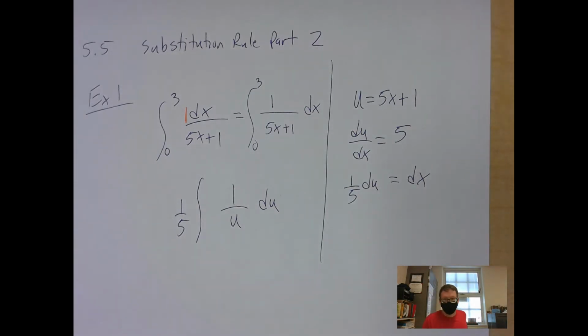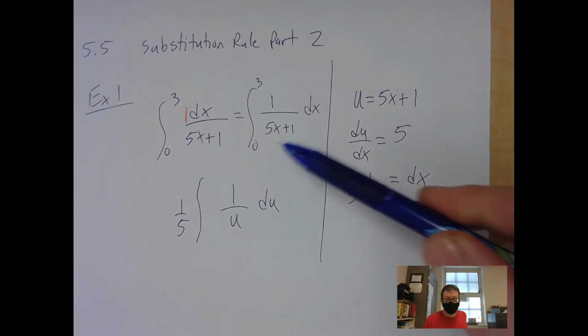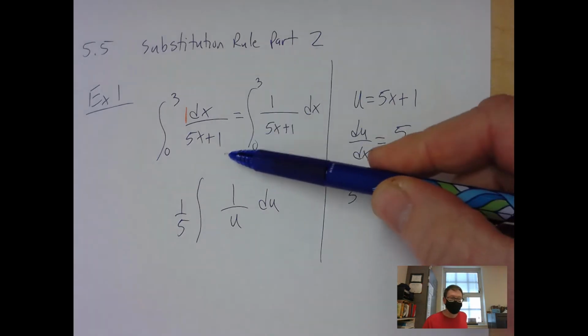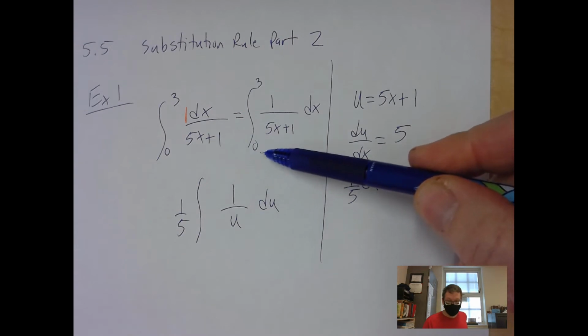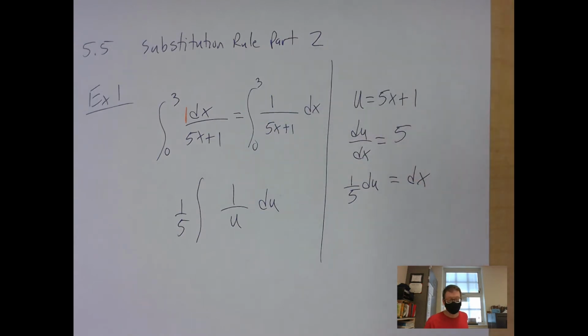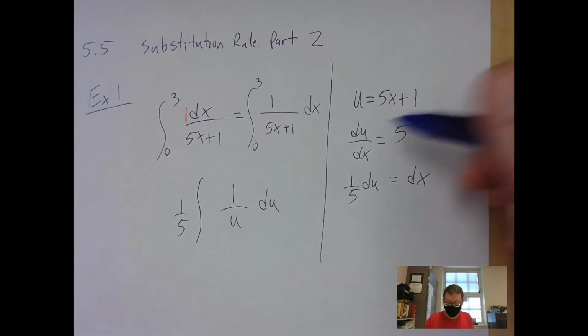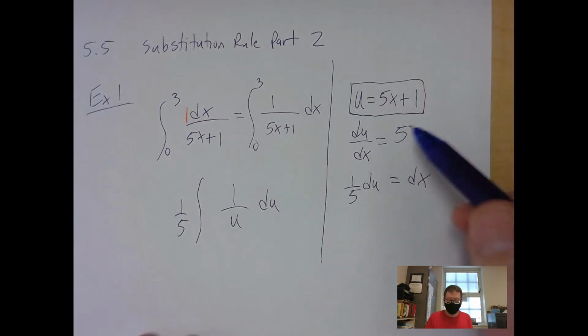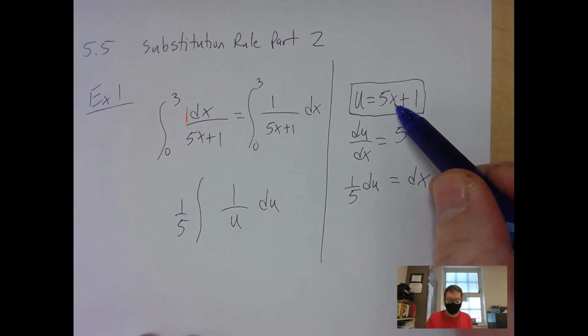Now, we have to 100% switch this. This right here is in terms of x, and this is in terms of x. My limits of integration are 0 to 3, which are x values. So I need to switch those to u values. Well, guess what? I have this little key here that can translate things from x to u.